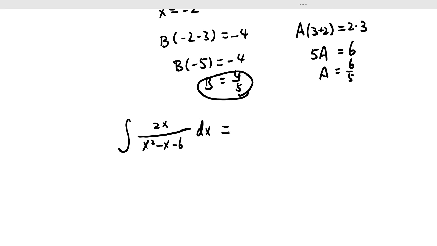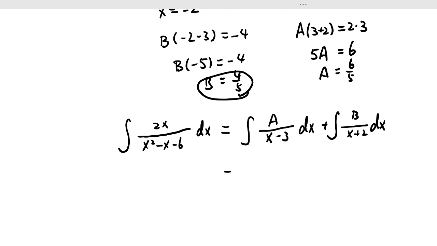So we rewrite this into A over x minus 3 dx plus B over x plus 2 dx. It's better to have A and B in front to help us solve, so I'm going to put A and B in front. A will be 6 over 5 times 1 over x minus 3 dx, plus B, which is 4 over 5.